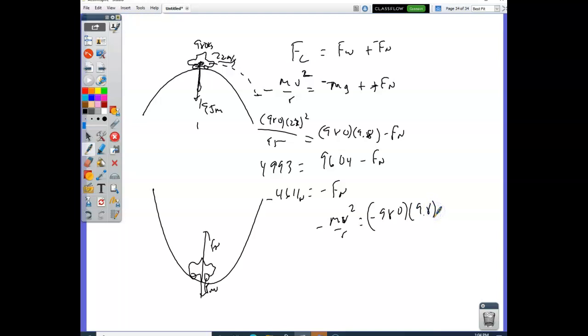And then what about force normal? Why is there none? Because it's not on the ground. The moment it starts to leave the ground, it has to push up with how much force? None at all, right? Because you naturally want to follow the circle. And if you go any faster, you're not even going to touch the ground anymore. So that's going to be plus 0. Solve for that.